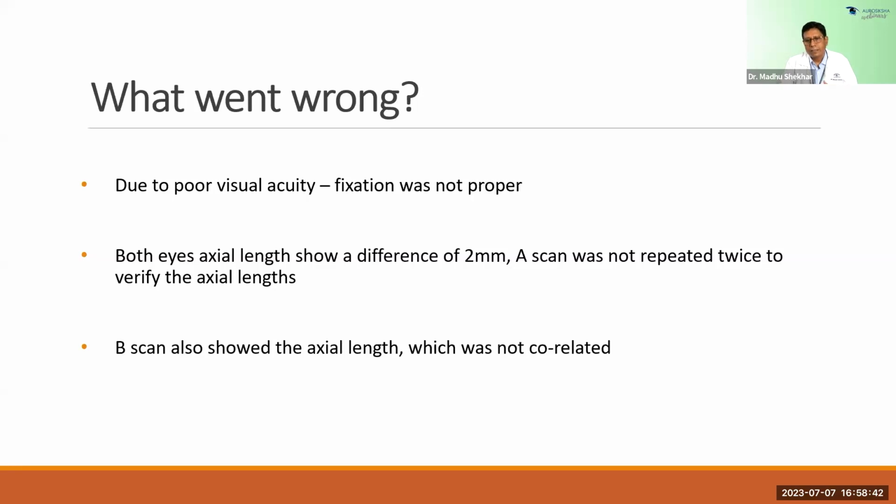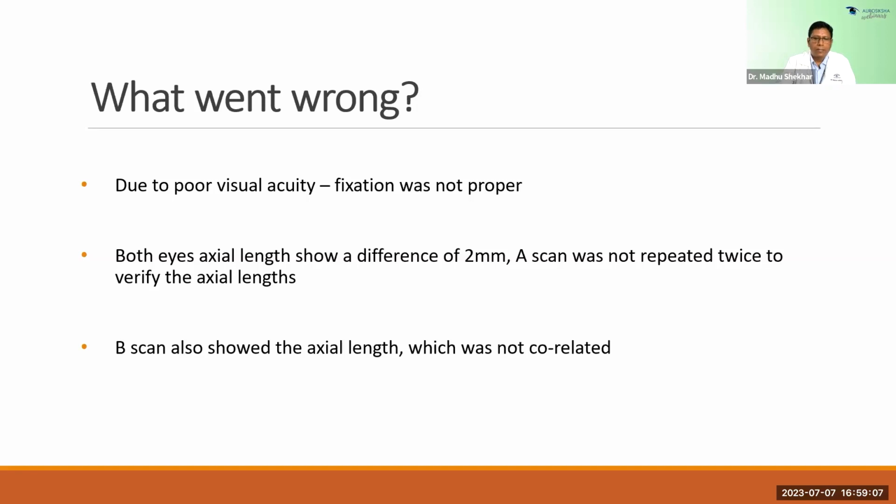As the previous speaker also discussed, in mature cataract you have to look for fixation, and you have to compare with the B scan reading, or you have to repeat with another biometry machine, and you can repeat it with two technicians also.